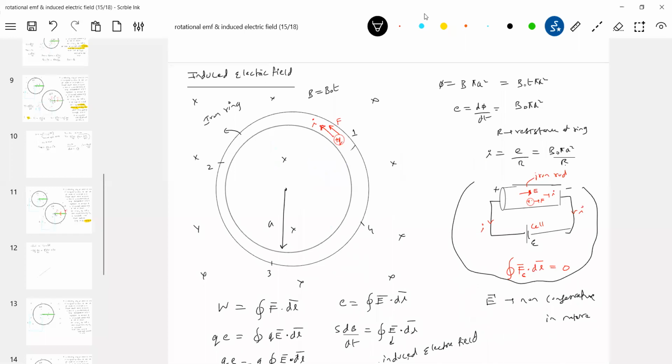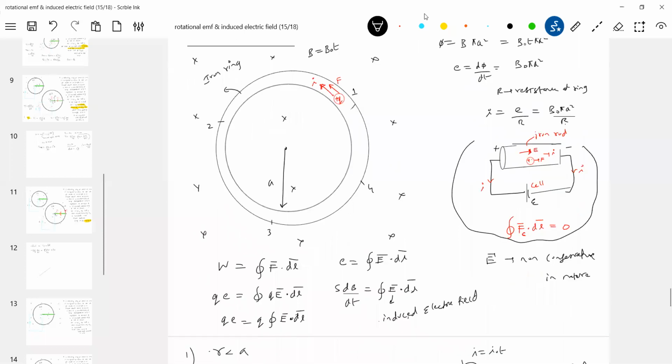Here, the work done in a closed path is non-zero. So the charge is not flowing due to potential difference. The charge is flowing due to the induced electric field. I'll slowly introduce some ideas. The charge flowing in the ring is due to the induced electric field, not due to potential difference. And that induced electric field is non-conservative.